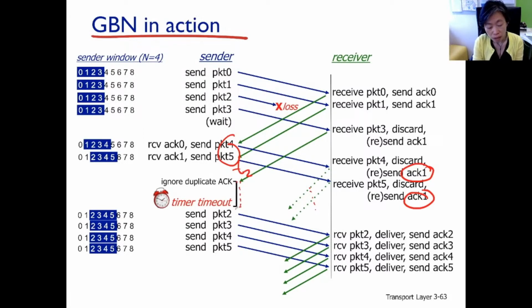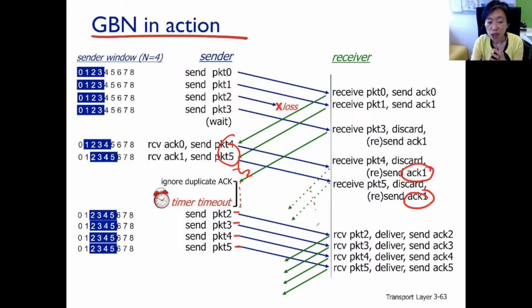What's going to happen is that it triggers the timeout event at the sender side. What do we do there? We restart the timer and retransmit the entire flight of packets starting from the base. So 2, 3, 4, 5 go out at once.